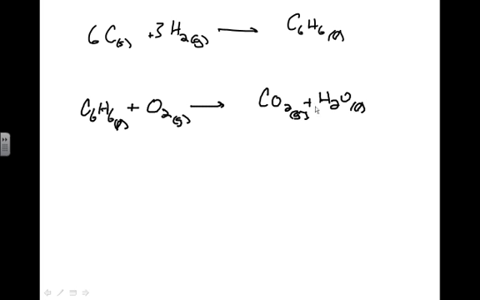And then you have to balance this. What do you leave for last on a combustion? O2. So let's try to balance that. I'm going to try a 6 here. I don't know if this is going to work out. And then I'm going to try a 3 here because I have 6 hydrogens. Now I have 6 hydrogens. But I have 12 oxygens plus 3 more is 15. How would you get 15 here? It'd have to be 7.5.